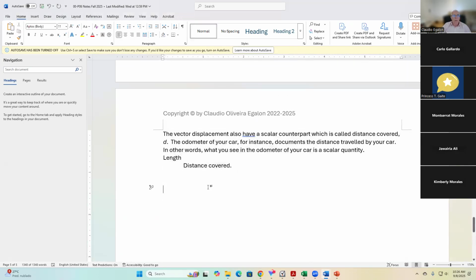Here you go. The distance covered depends on the length. And now we have position vector and displacement vector. The displacement vector depends on the position. The distance covered depends on the length.